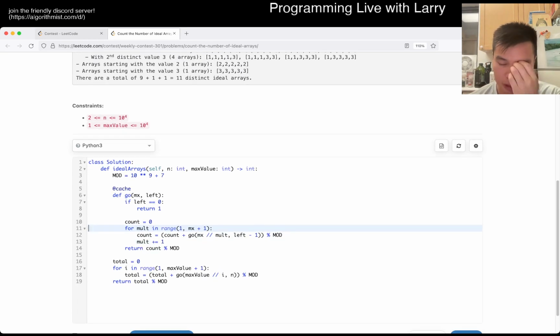We're giving the max value. Right. 1, 2, and then divide it. No, this, I feel like this is right, the idea. If not the execution.